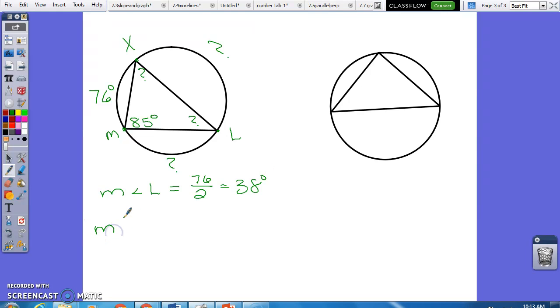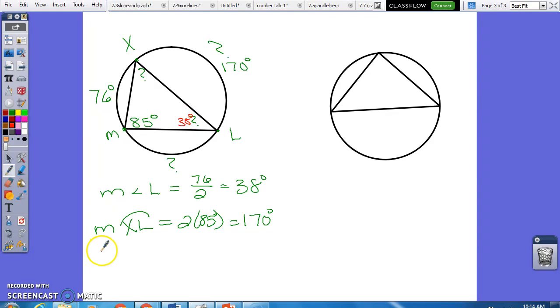The measure of arc X to L is going to be 2 times the 85 degrees. So that would be 170 degrees. Put that in here, that this would be 38 degrees.